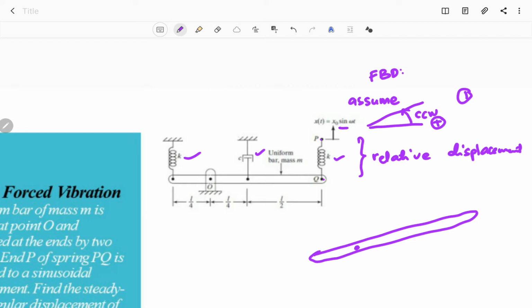So basically you have to think of the physical movement of the K. You have to draw the K first. The K will go down because this side goes down. And the C is somewhere here, at about the same distance.